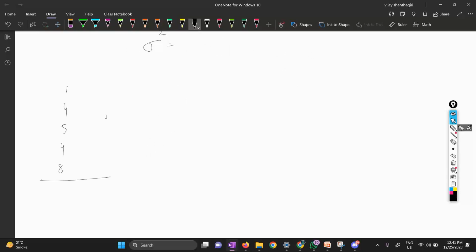How much was the mean value of it? 4.4, correct? Your sigma squared was 5.04. Now sigma is equal to root of 5.04, which is, calculate and tell me quickly.